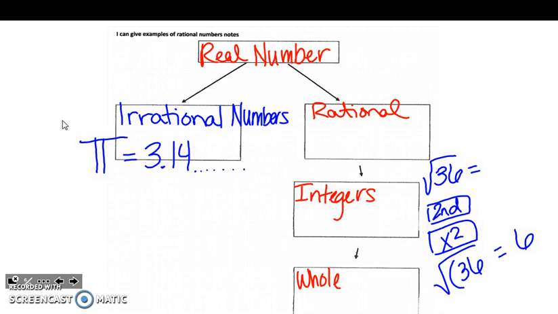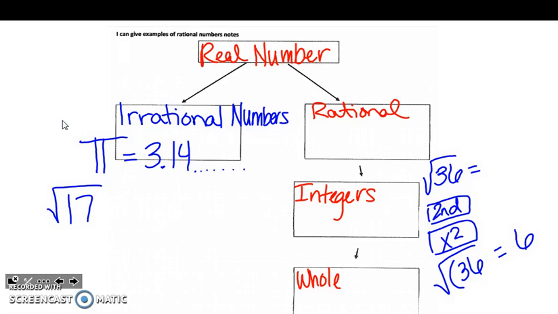So that was a rational number because 6 is a counting number, it's a whole number, it's an integer, it's rational, and it's real. It came out to be a nice, pretty, what I like to call a pretty number.